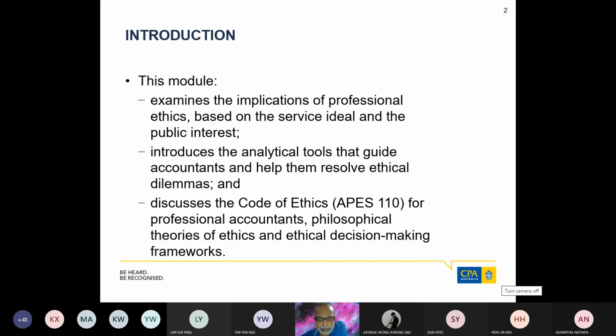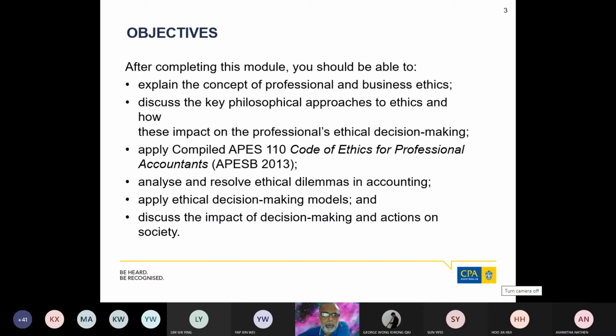And then we will also look at the code of ethics from CPA Australia for professional accountants, philosophical theories of ethics, and ethical decision-making frameworks. We will be looking at the code of ethics, and also at some of the theories of ethics and the ethical decision-making frameworks or models, which can guide us in making ethical decisions. When you finish this module, you should be able to explain the concept of professional and business ethics and discuss some of the key philosophical approaches to ethics, some of the theories, and how this will impact on the professionals' ethical decision making.